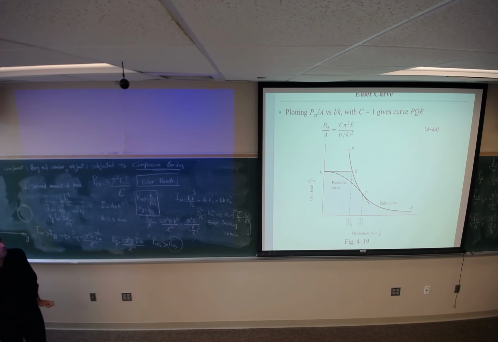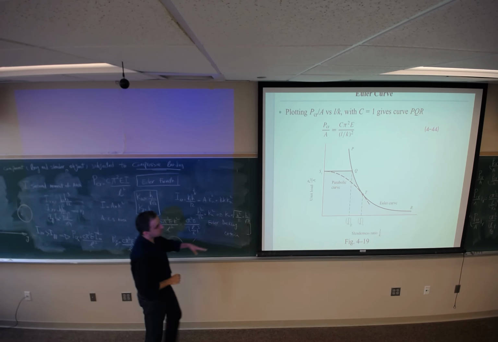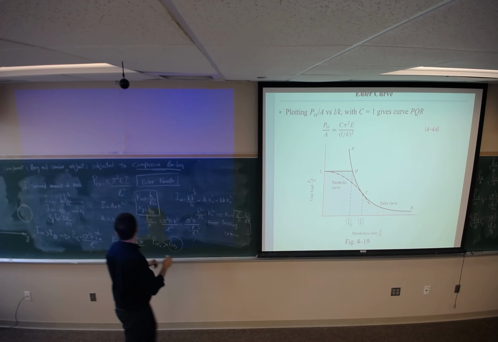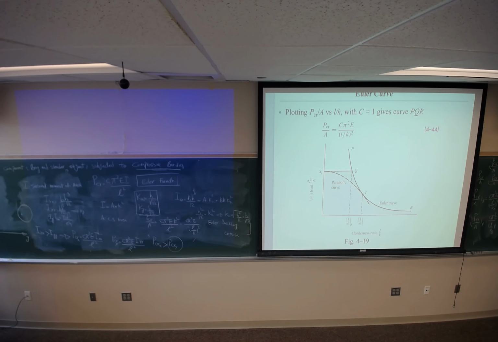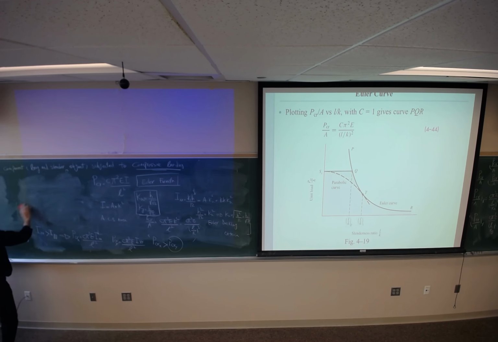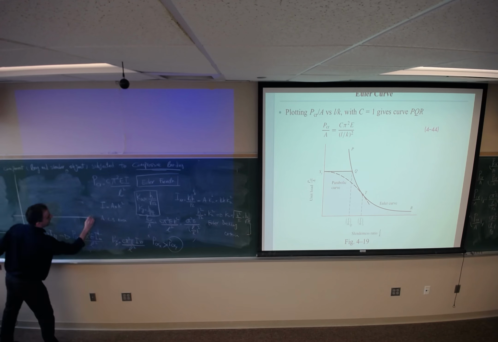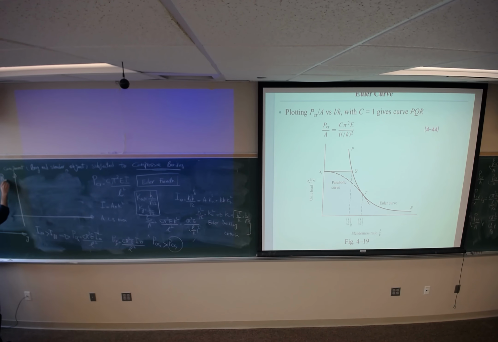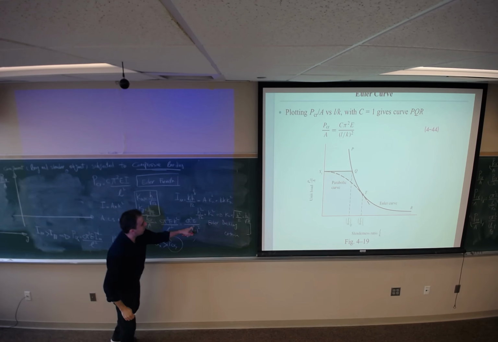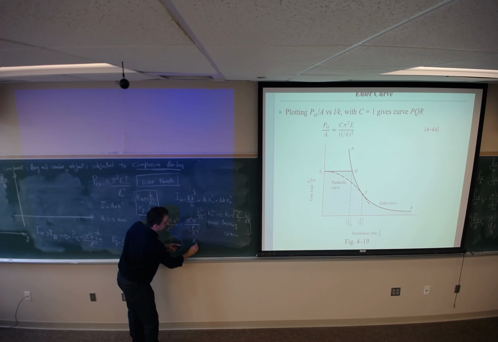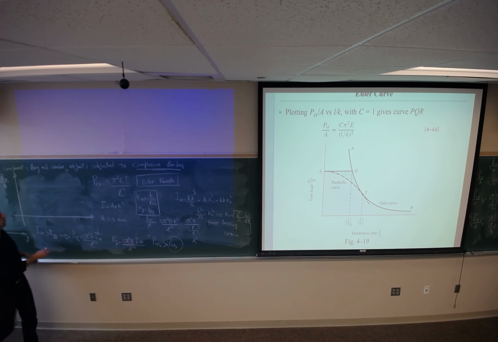Now what I'm going to do is introduce this figure. This figure has y-axis equal to P critical over A, and x-axis is L over K. So you will get something like this.